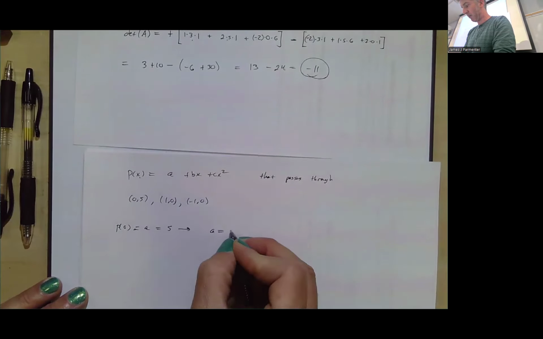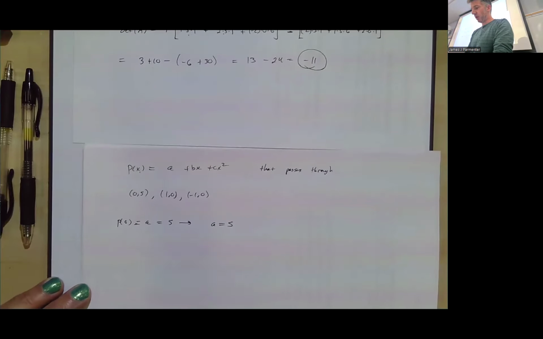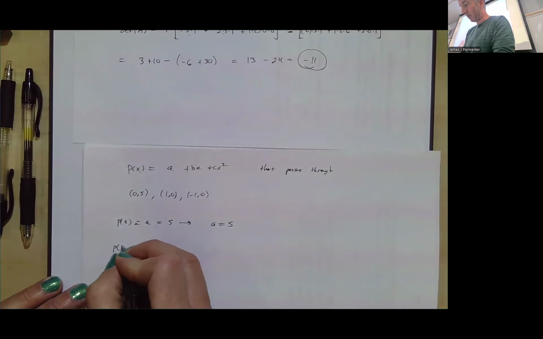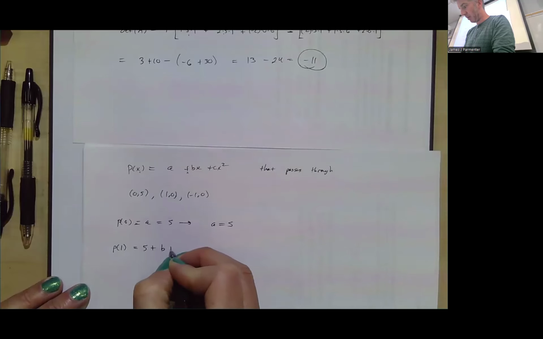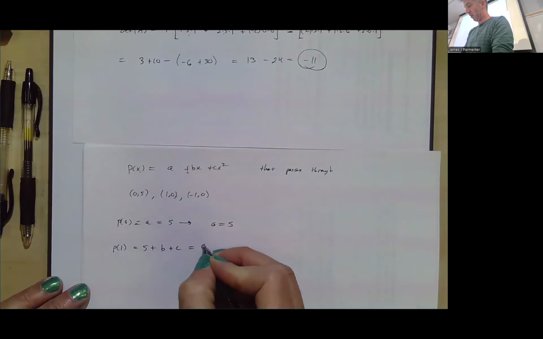Great. A is 5. If you plug in 1, now knowing that a is 5, I get 5 plus b plus c, which should equal 0.